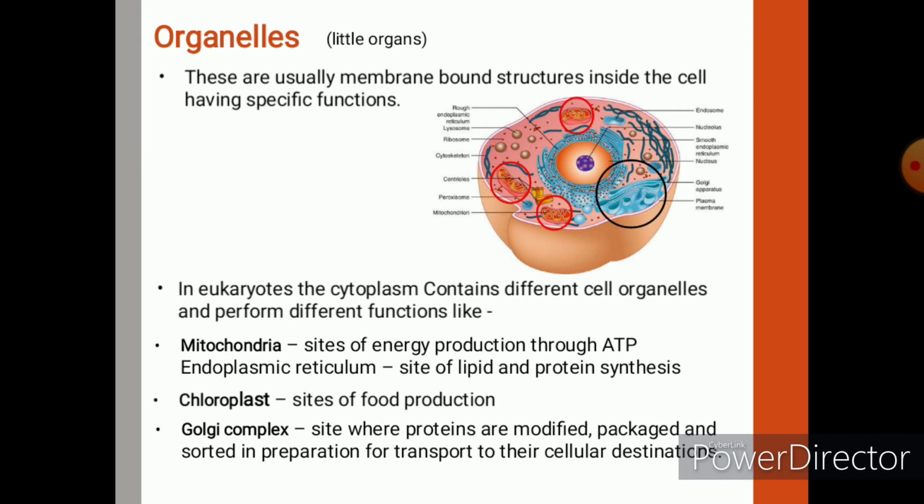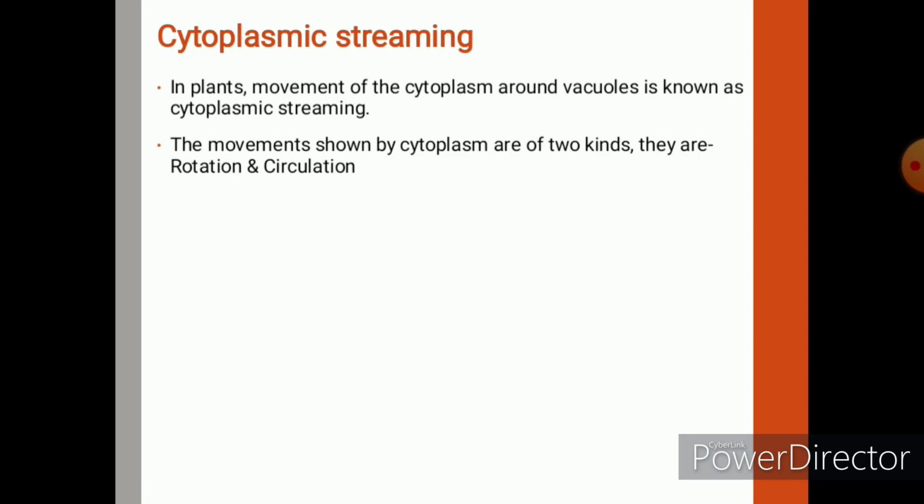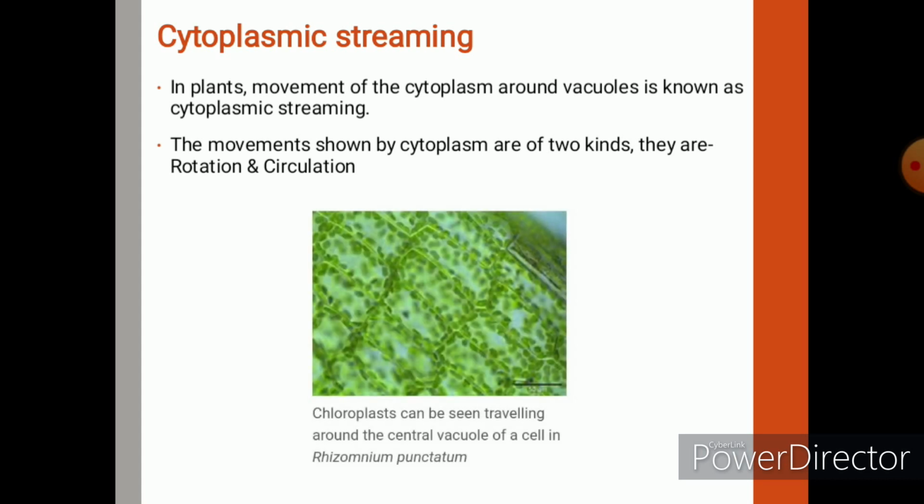This cytoplasm shows some movements around vacuoles, known as cytoplasmic streaming or cyclosis. These cytoplasmic movements are of two types, rotation and circulation. You can observe here in this picture, chloroplast can be seen traveling around the central vacuole of a cell. Here flow means that the cytoplasm is moving inside the cell.